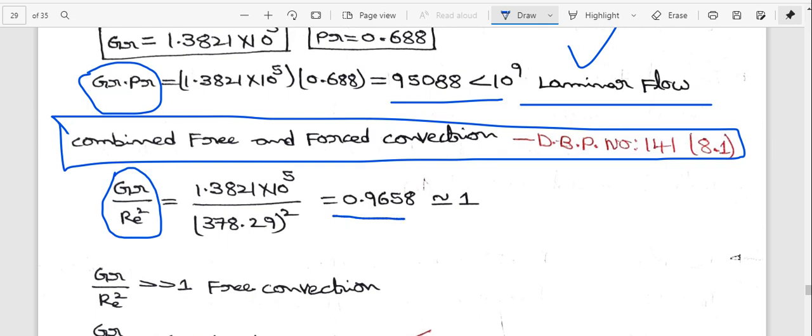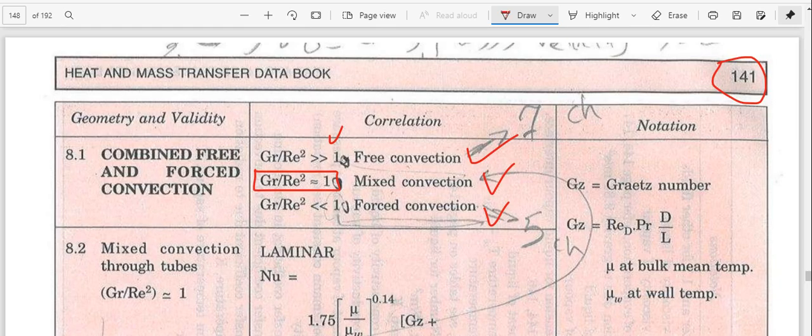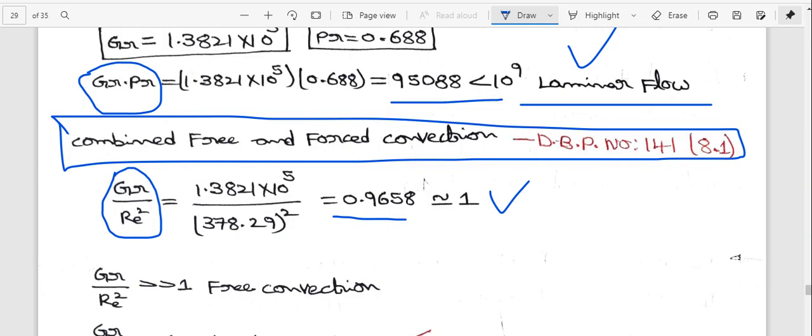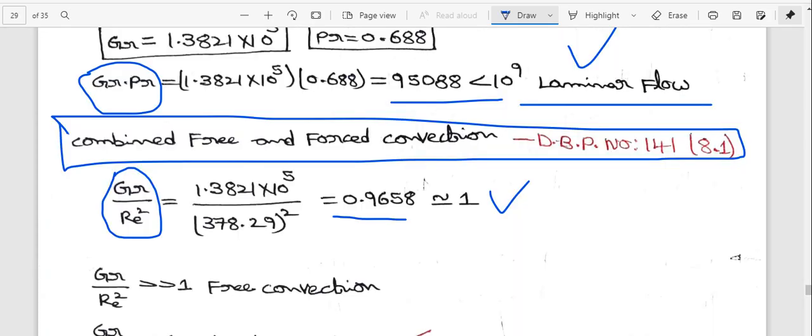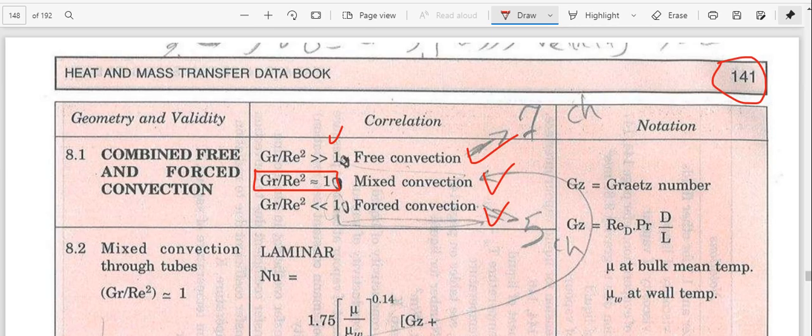This value, 0.9658, is near 1, so I am considering mixed convection. For a value around 0.5, we can take the forced convection formulas, and for values of 1.5 or 2, we can consider free convection.